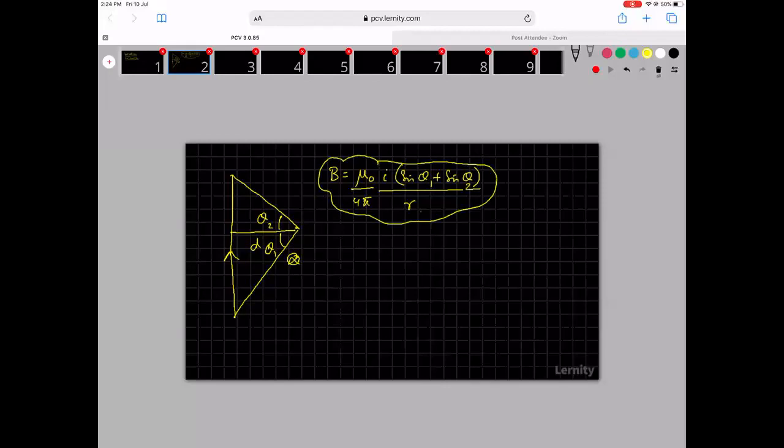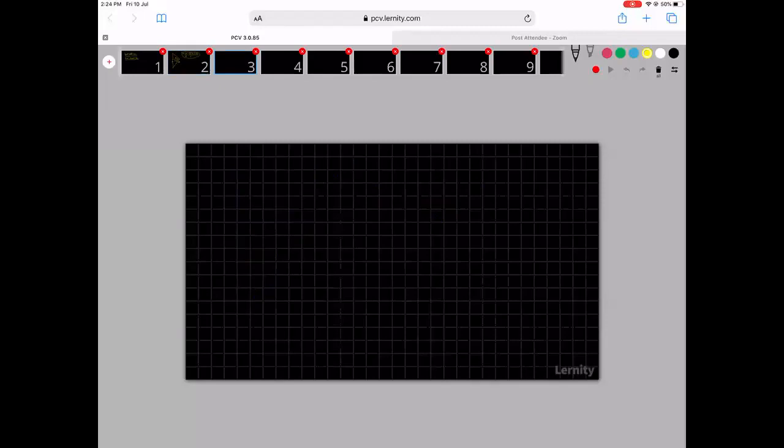Then the next thing that I explained to you is that if this is the y axis, this is the x axis, this is the z axis, suppose you have a coil in the YZ plane.